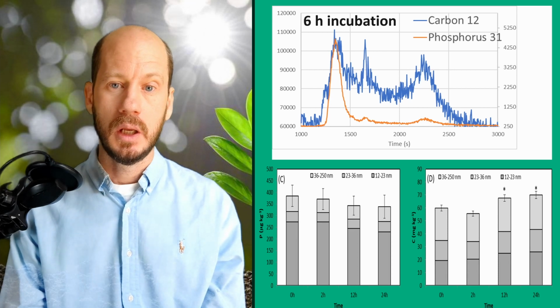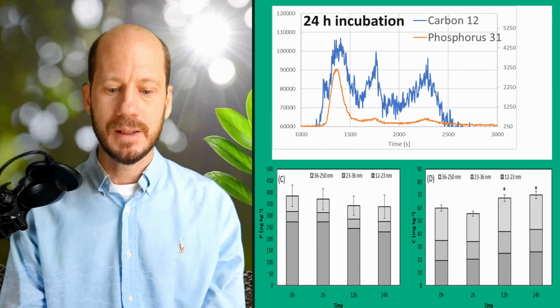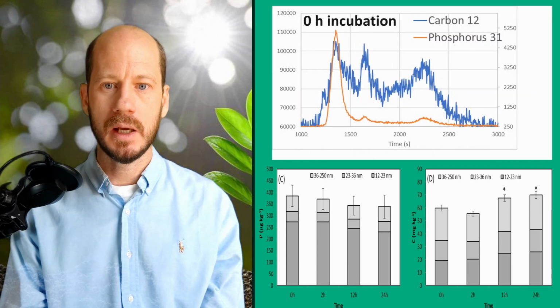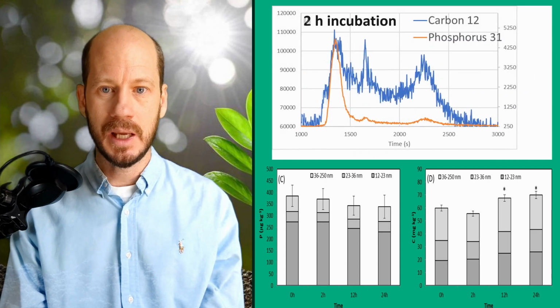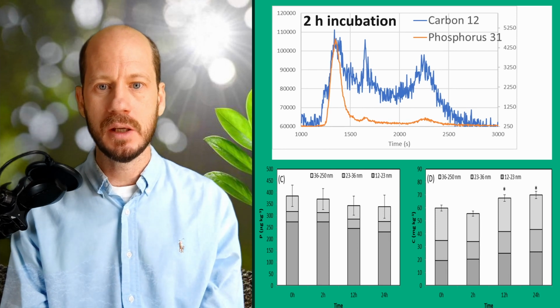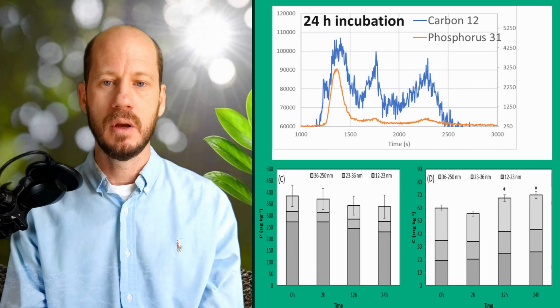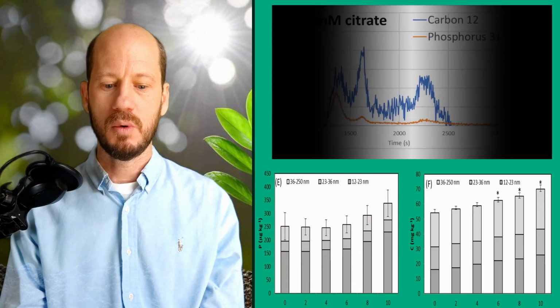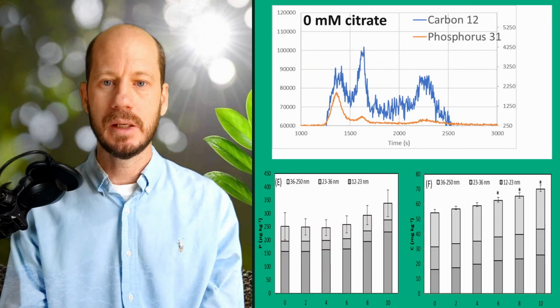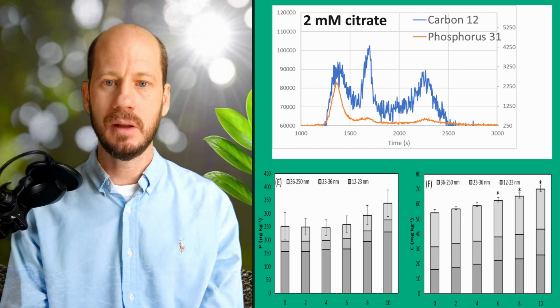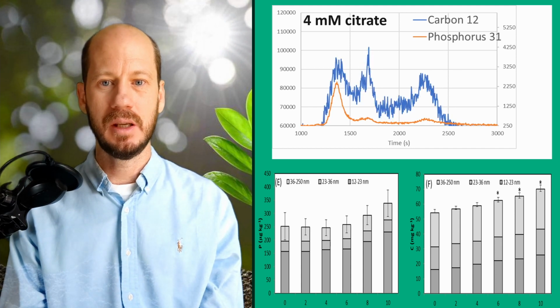What we find is that the response of the phosphorus did not change too much with citric acid in time. So there was not a huge increase in colloidal fraction carrying phosphorus in time. And there is a slight increase in phosphorus with increasing dose of citric acid, but it was not statistically significant.